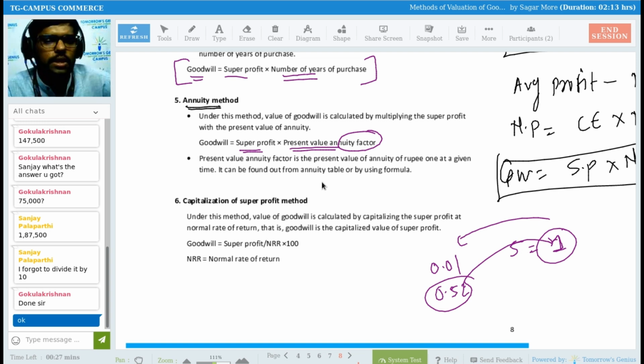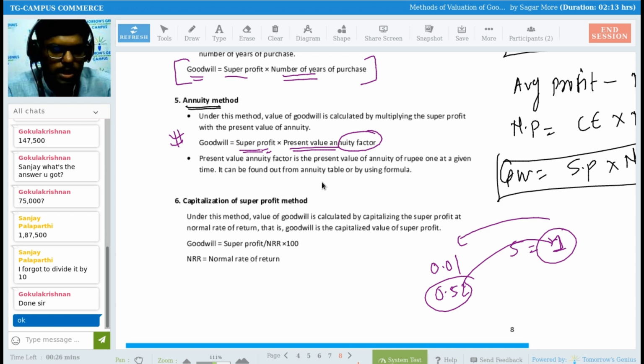That factor I need to apply here, and I can get the goodwill answer. You will get more clarity while solving the question. Just remember your formula: goodwill is equal to super profit multiplied by present value annuity factor. That factor is nothing but the present value factor.